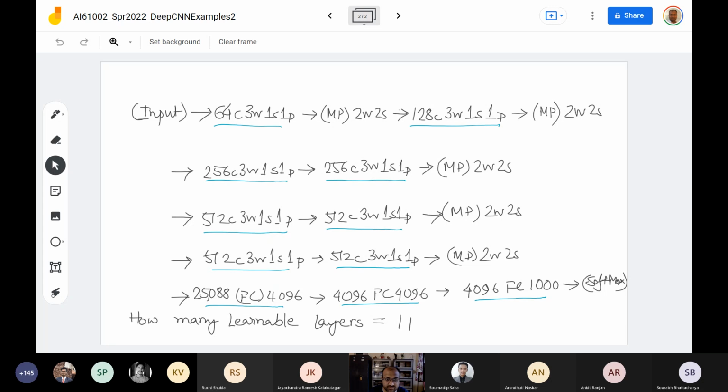Okay. Now the next question is, in this model, can you find out the learnable parameters per learnable layer, and then come down to the total number of parameters in it?